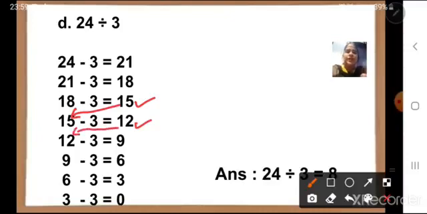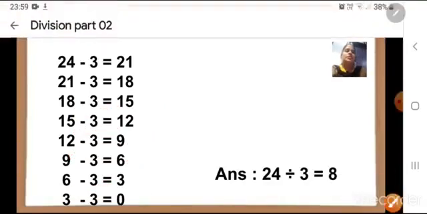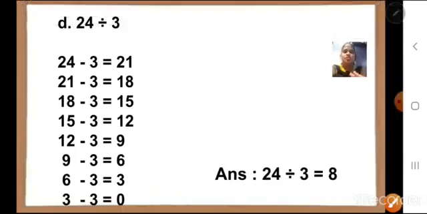Then 12 we have to write down. 12 minus 3 is equal to 9. Then 9 is remaining. So 9 minus 3 is equal to 6. After that 6 will come down and we subtract 3. So 6 minus 3 is equal to 3. And finally we got here 3. So 3 minus 3 is equal to 0. Now we can stop.